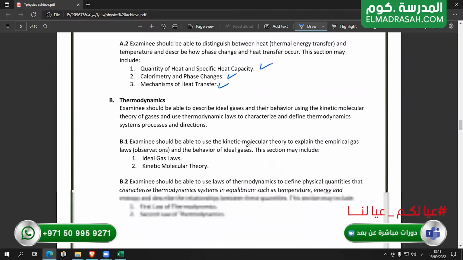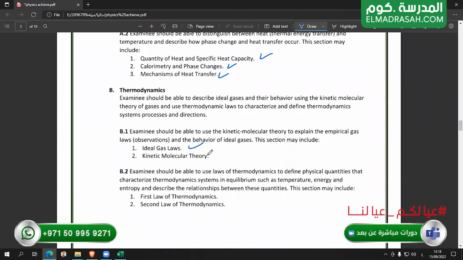And for thermodynamics, we will focus on the ideal gas, the kinetic molecular theory of gases, and the first law and the second law of thermodynamics.